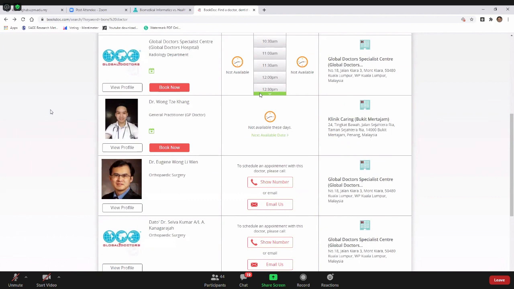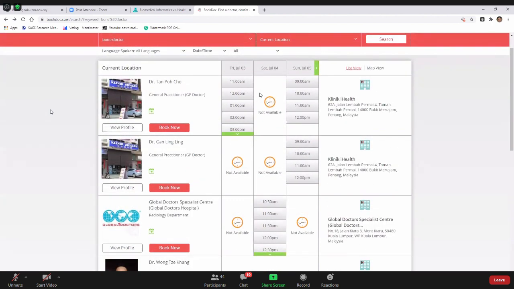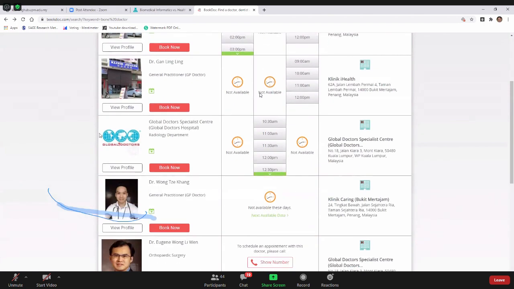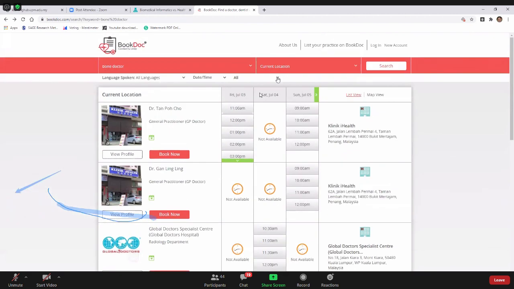This is very convenient because some of you might be shy to talk in front of a person or a doctor. Then you can use email, WhatsApp and so on. They actually respond using WhatsApp. But as I mentioned earlier, you need to pay for those services. Of course, booking is free, until you actually go there and they charge you for whatever services.